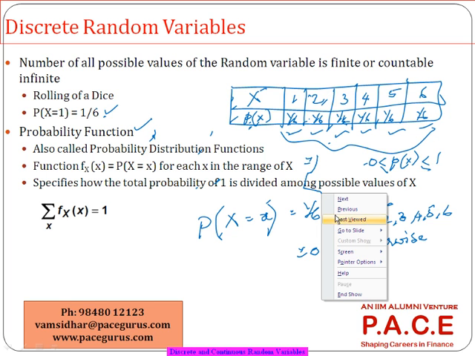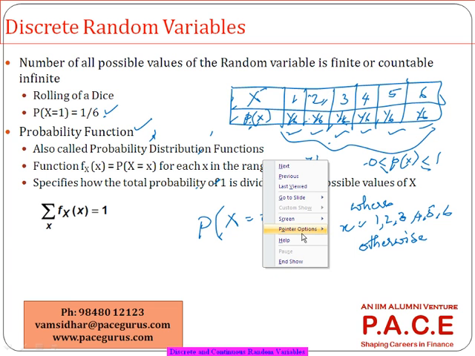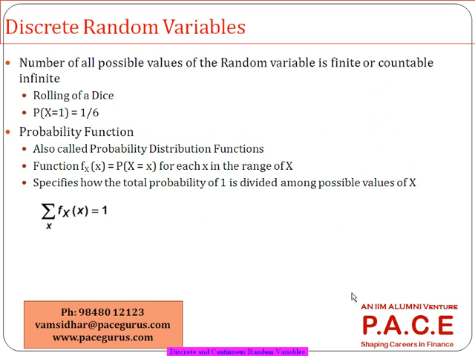Now let's see one more simple example before we proceed further. Let's say I will give one probability function, P of x equal to x is equal to x by 10, where x equal to 1, 2, 3, and 0 otherwise.